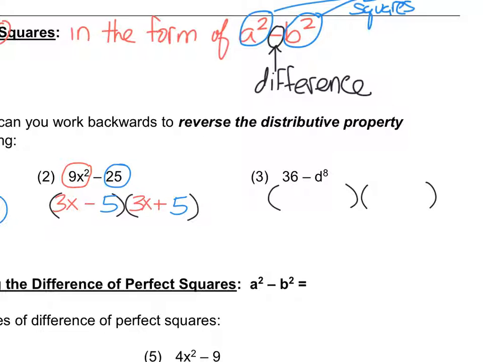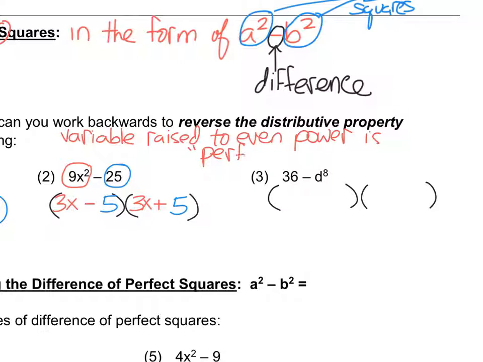Any variable to an even power is a perfect square. So it's got the right form, the right structure.